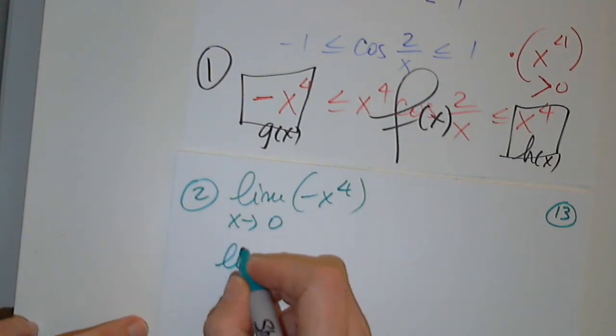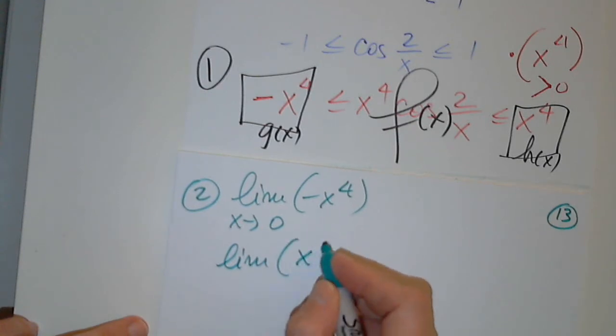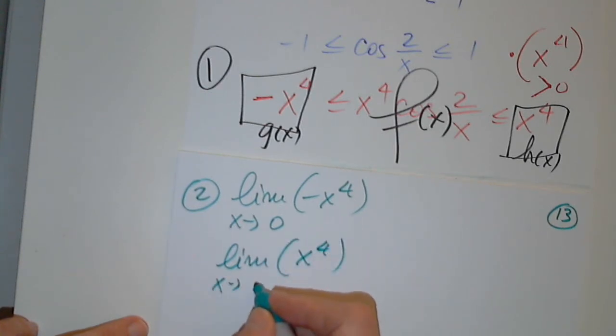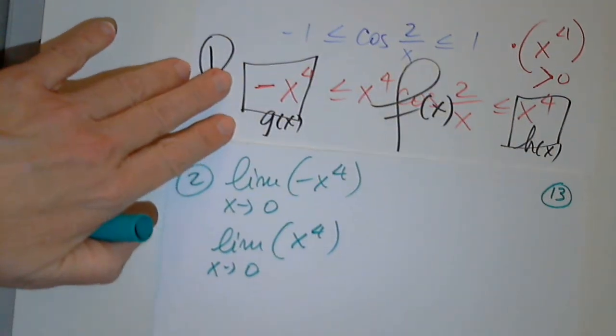Good. And I have to find the limit of x to the fourth as x approaches 0. Good. If these happen to exist, furthermore, if these happen to be equal, then I will conclude that the limit of the function that is squeezed between those two must be equal, by the squeeze theorem.